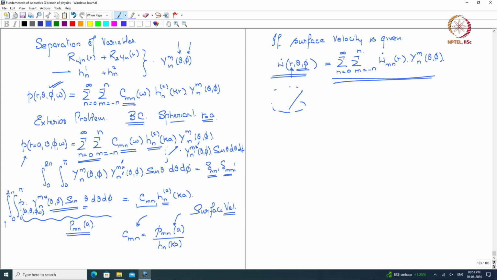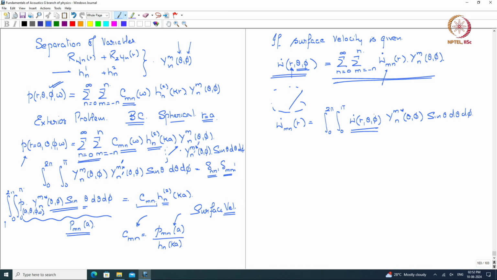Okay, and what will this w dot look like? The w dot mn at r will look like integral 0 to twice pi integral 0 to pi of this w dot at r theta comma phi, the actual velocity at a radius r, times Y m conjugate n theta phi and sine theta d theta d phi.